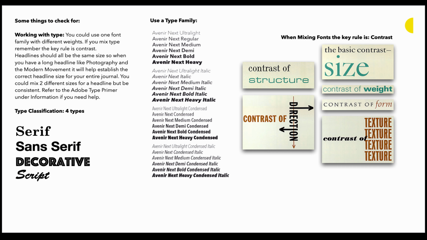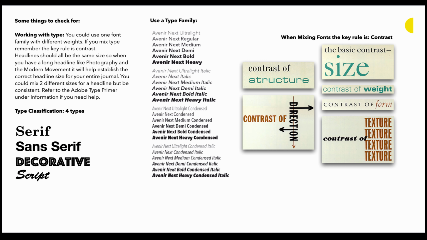In your headlines, you're going to see that sometimes you'll have a really long headline like photography and the modern movement. That's way longer than cubism. So you want to use the same point size on your spreads. You could mix maybe 2 different point sizes max in a headline, but you want to be consistent.